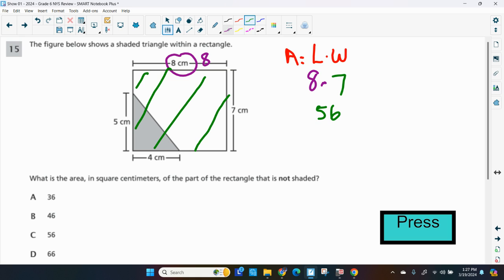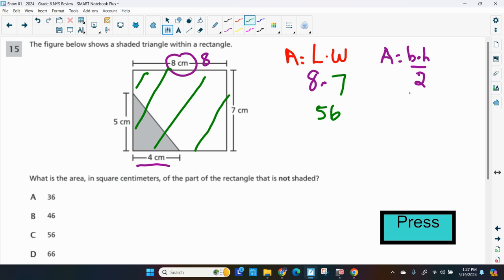So if I remember correctly, there's an area formula for the triangle. Base times height, and we divide that by 2. I like to make a better 2 than that, so let me erase that and make it a nicer looking 2. Divided by 2. All right, so here's the base, which is 4.